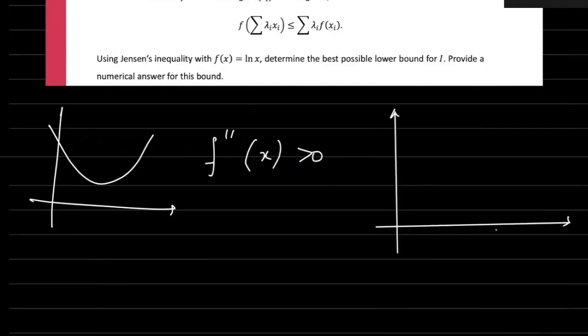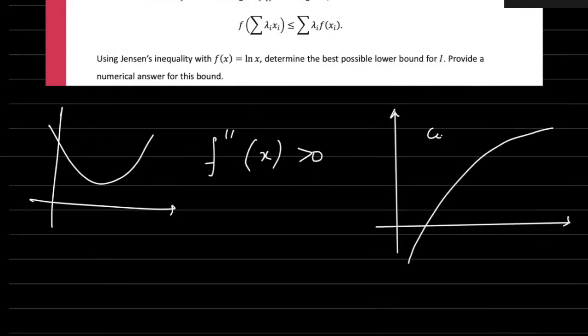For a convex function, this is what is meant by convex function. It is facing upwards. In other words, f double dash x is positive, but they are asking it to apply to the logarithmic function. And you know that log x is this way.